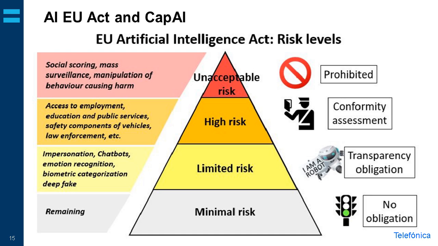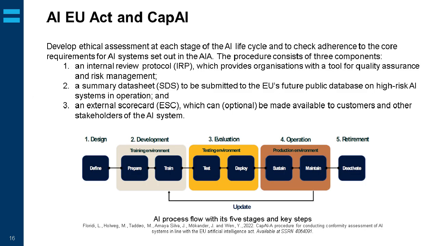The high risk could be use in law enforcement, right? So suddenly if it goes wrong and it's being used in law enforcement, that's going to go seriously wrong. And then that prohibited unacceptable risk level is things like social scoring and mass surveillance. That is prohibited. So I think this is really good to have those examples next to the different risk levels.